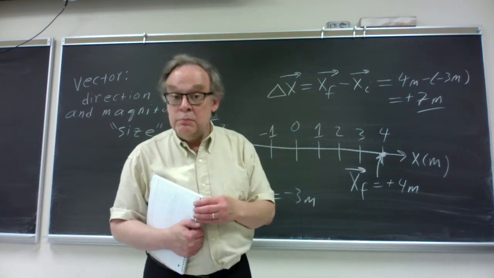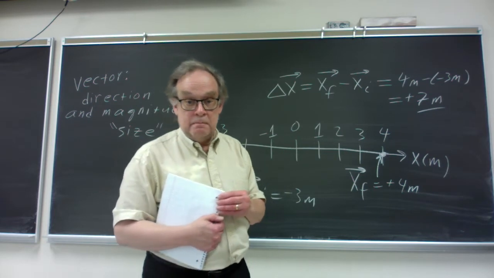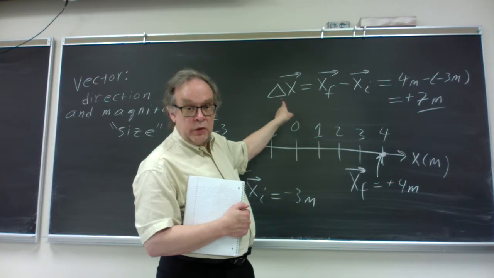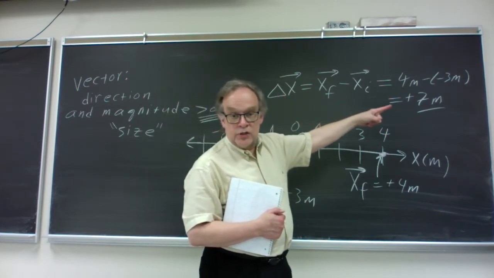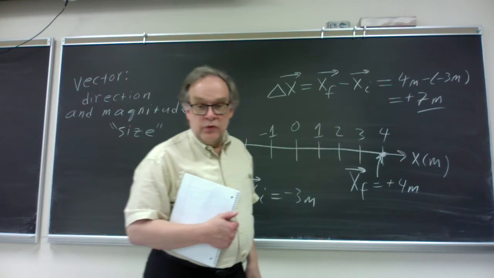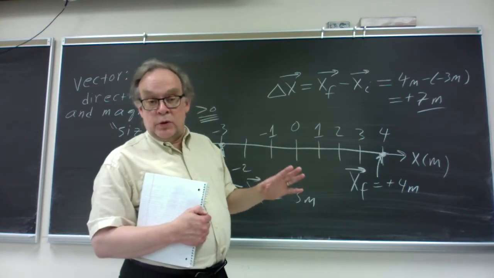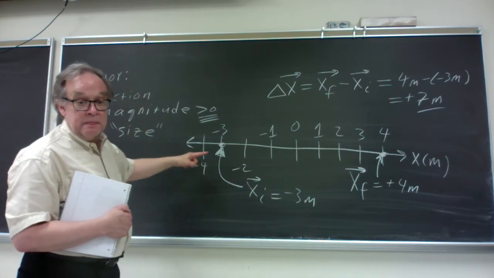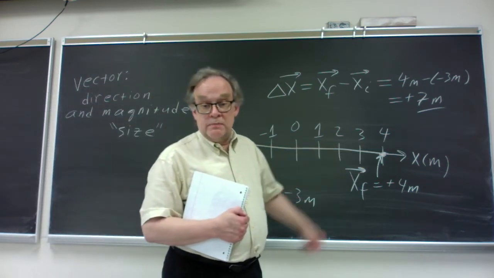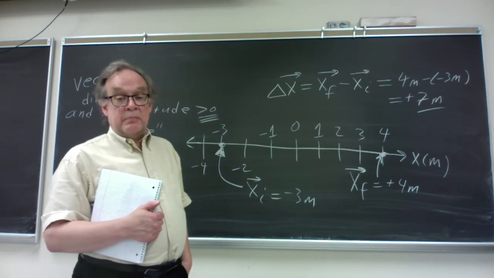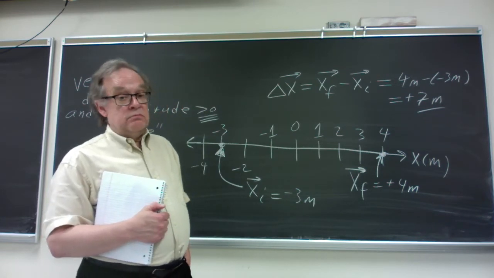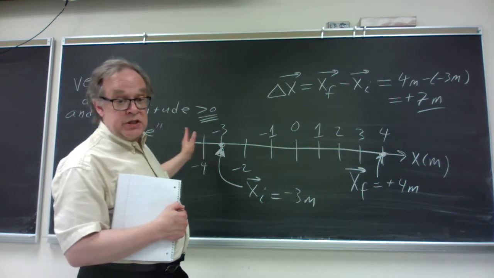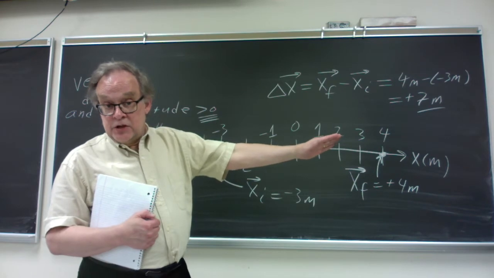Those are all three equivalent ways of describing it. The change in location vector points in the positive direction. And the magnitude, the absolute value, is just 7 meters. What that means is that the distance between the starting point and the finishing point is 7 meters. The magnitude of a change of location vector is always equal to the distance between the start and the finish.